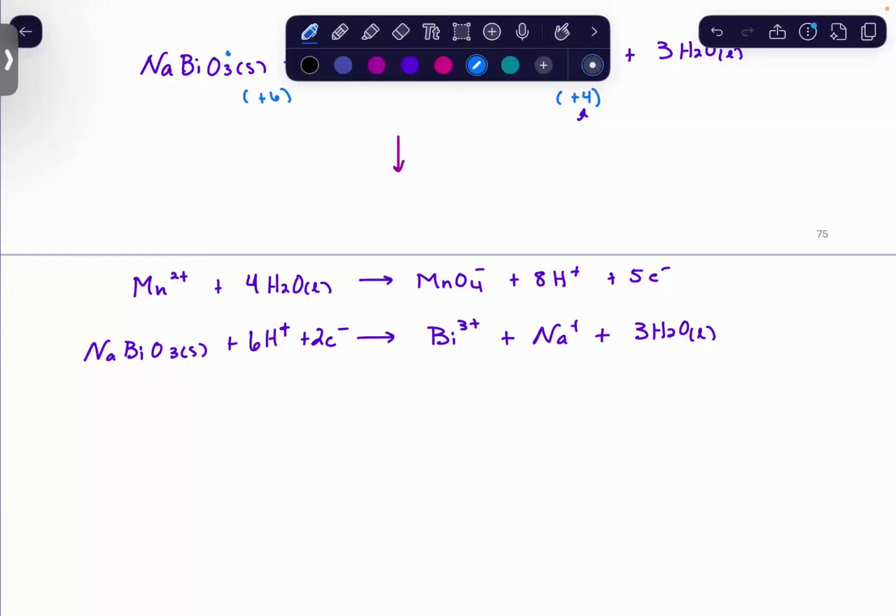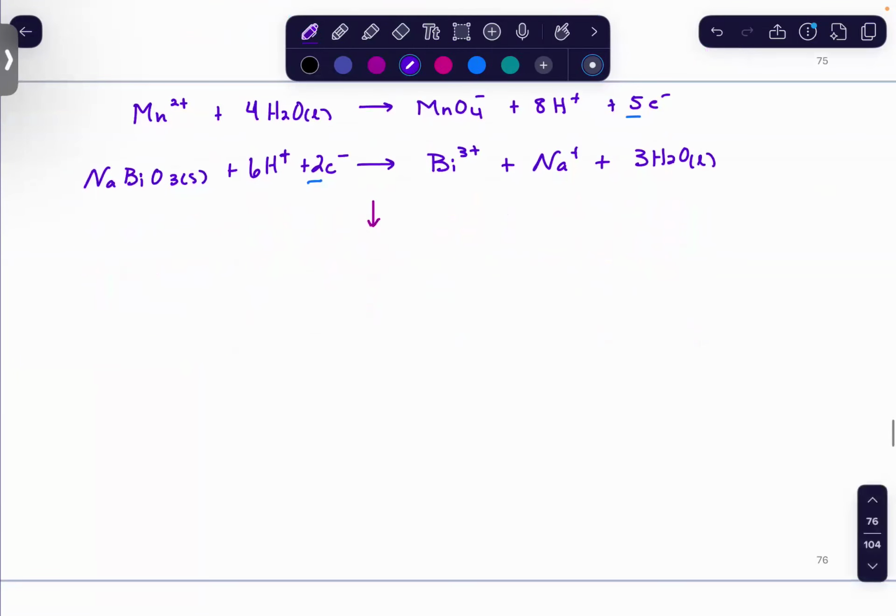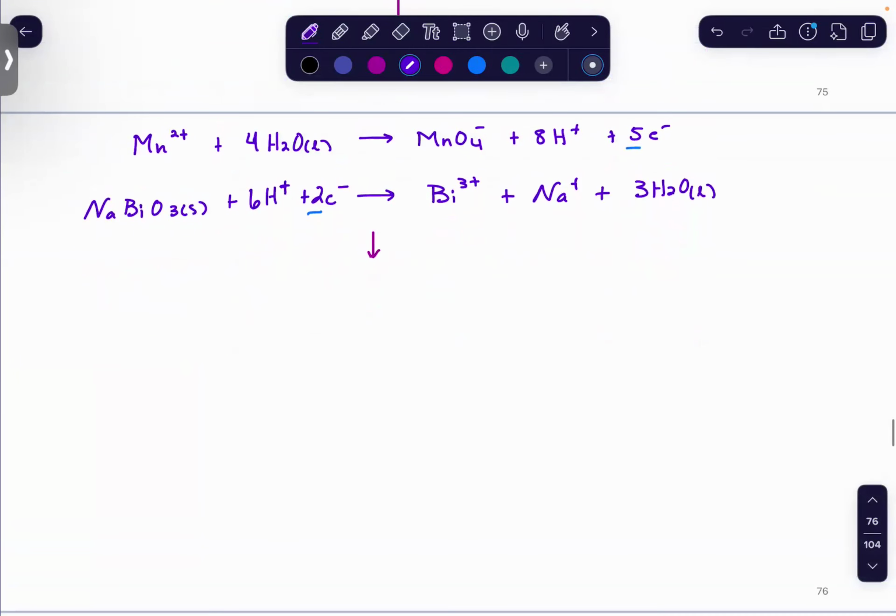Now you notice that we have 2 electrons and 5 electrons. Those are going to come together at 10. Really what you're looking for is the lowest common multiple for your electrons. So that means that my first equation has to be multiplied by 2.